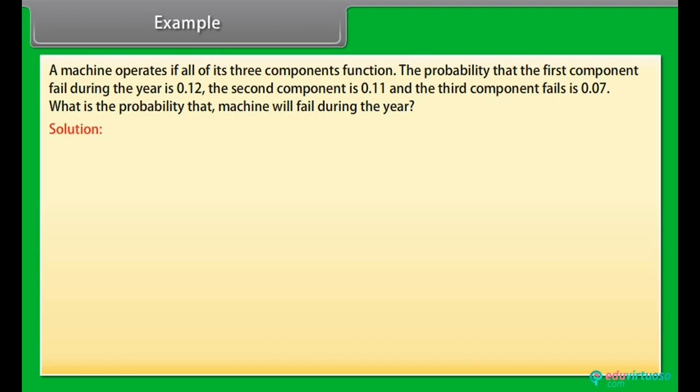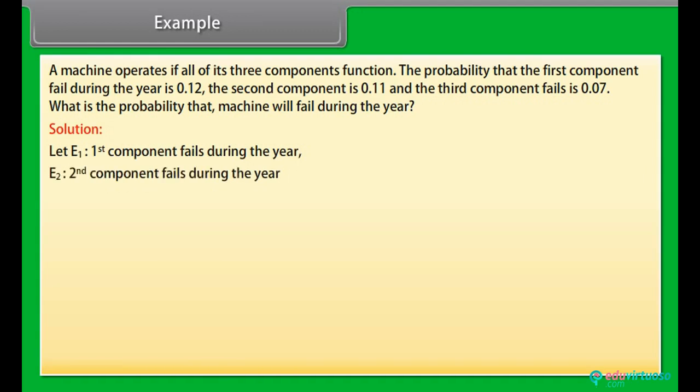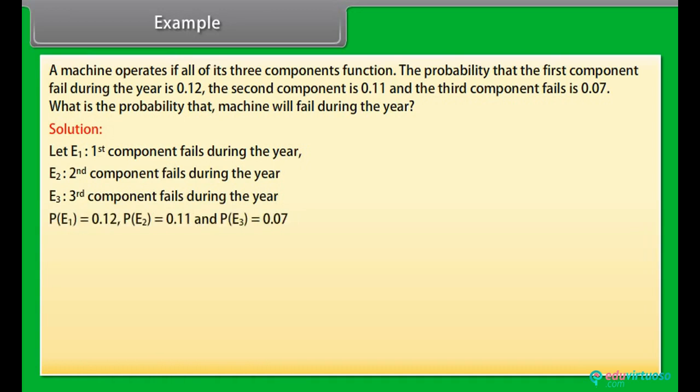Solution. Let E1, first component fails during the year, E2, second component fails during the year, and E3, third component fails during the year. P of E1 is equal to 0.12. P of E2 is equal to 0.11.